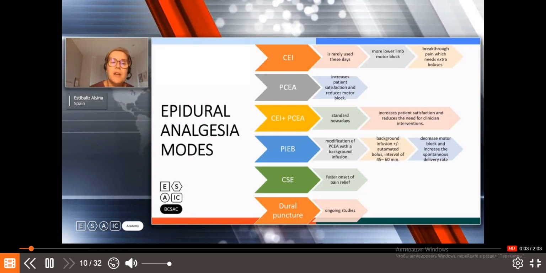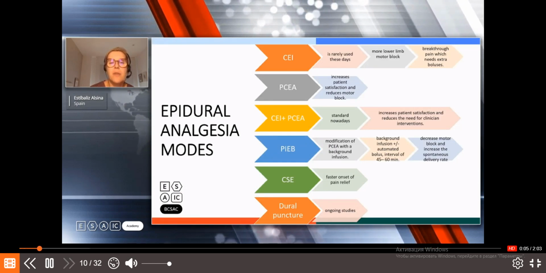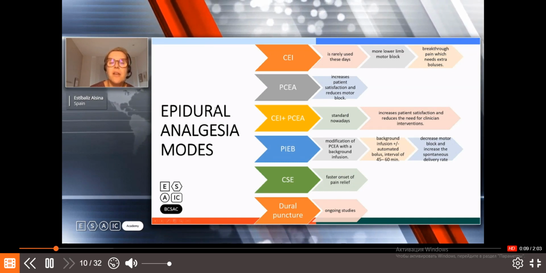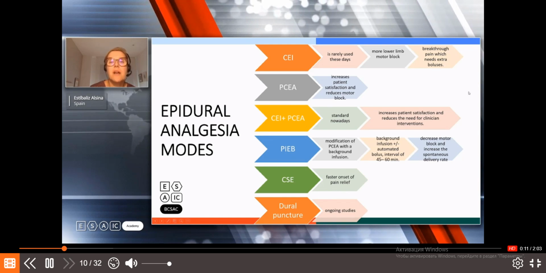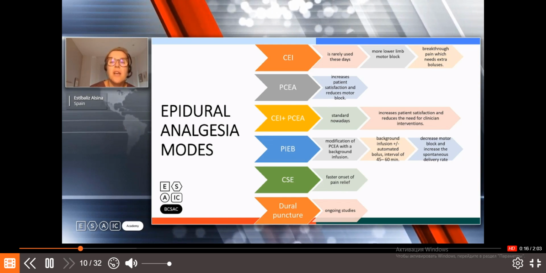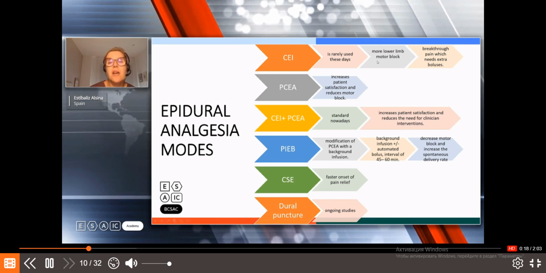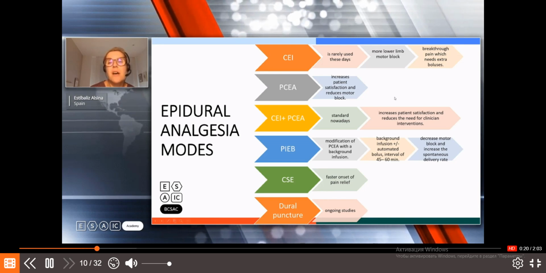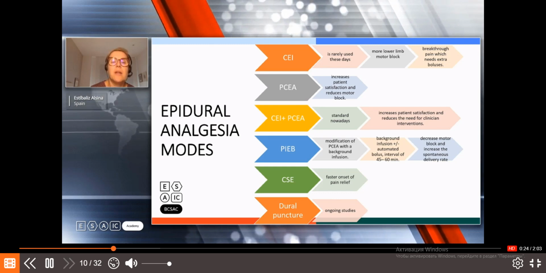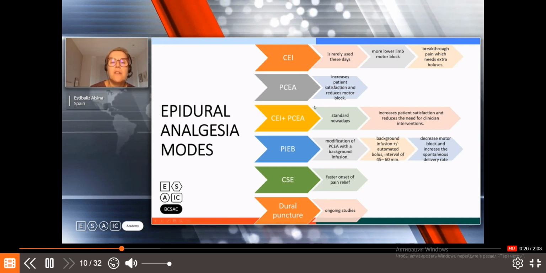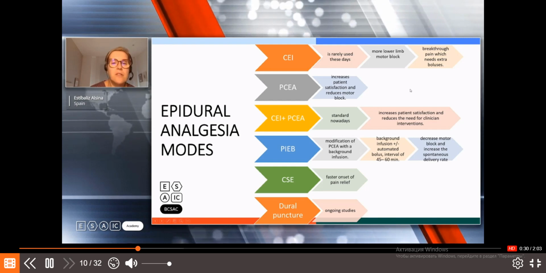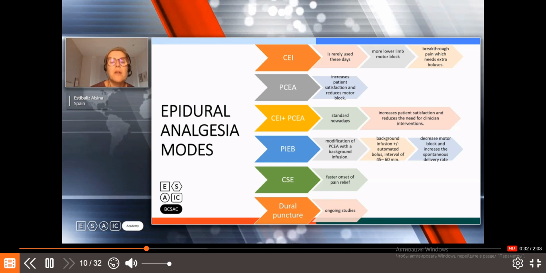What epidural analgesia modes can we find? Well, we can find continuous epidural infusion, which by itself is rarely used today because it produces a greater motor blockade, and they still have breakthrough pain. We can use patient-controlled epidural analgesia, which increases patient satisfaction and reduces motor block.